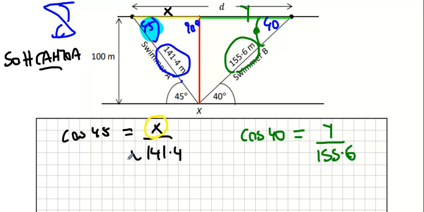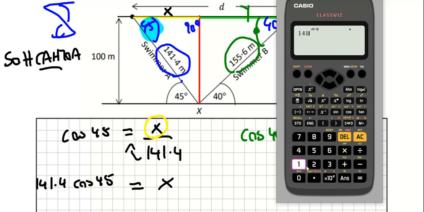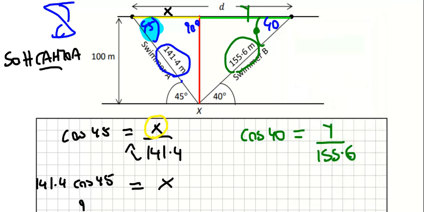So we're going to move the 141.4 upwards. So we're going to get x equals 141.4 cos 45. We're going to lob that into the calculator. And lo and behold, we're going to get 99.985. Okay, 99.985 equals x.